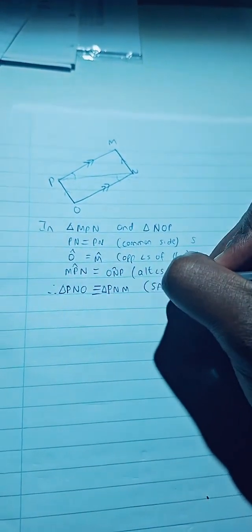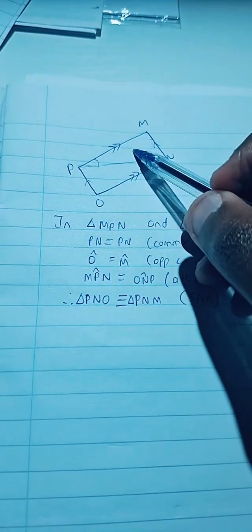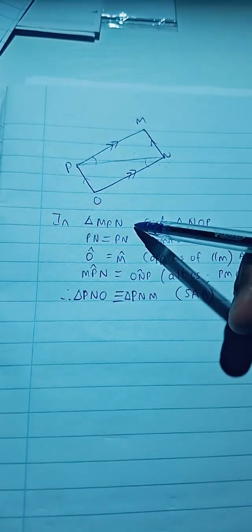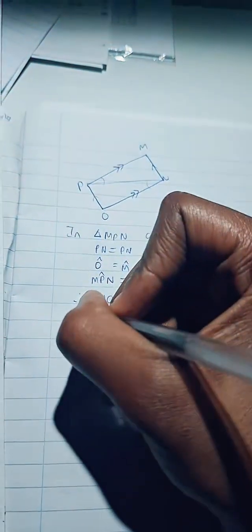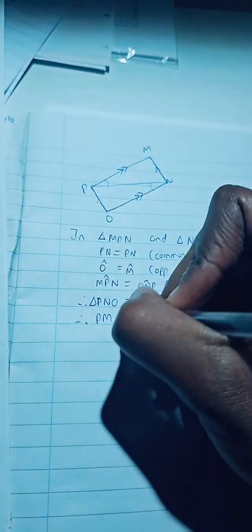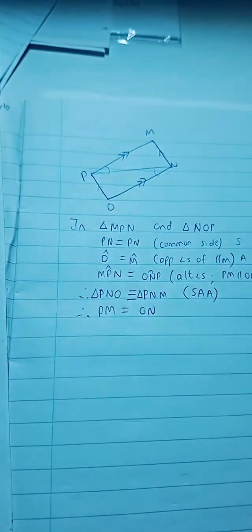And what's my case? Side, angle, angle. Now, if these two triangles are congruent, it means that everything about those triangles respectively is equal. Because the triangles are congruent, I can conclude that PM is equal to ON, or NO as they had asked.